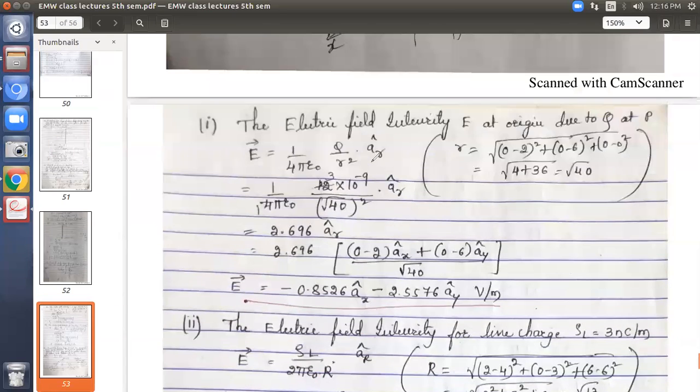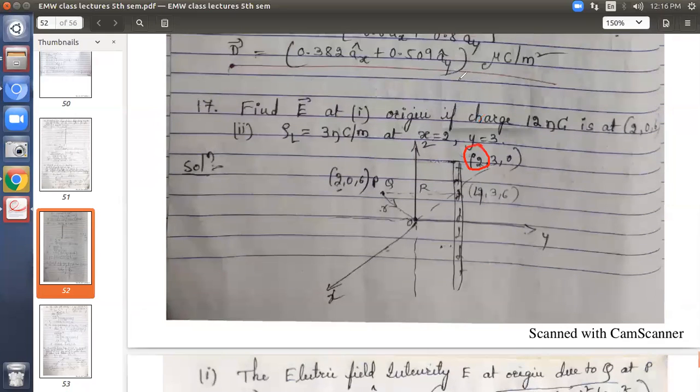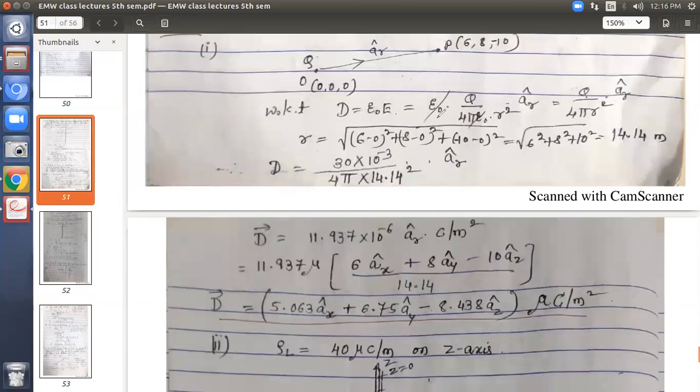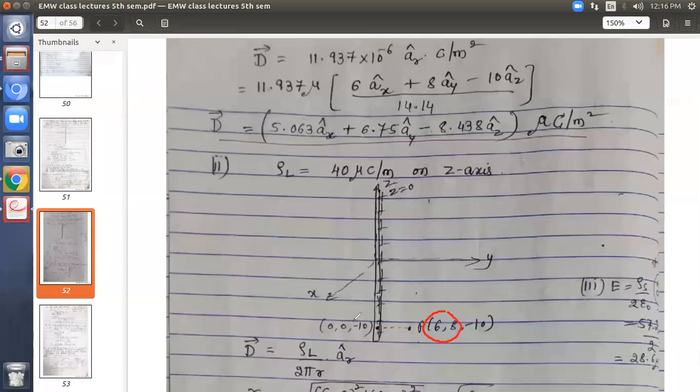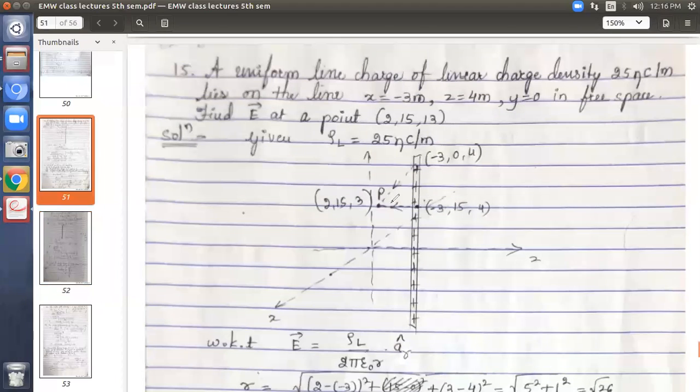In this problem, specifically you should remember how we got this point as 4. Okay, that is very important. Earlier what we did, the x and z coordinates were kept as they were. You just compare this problem with this. Here check, this point is the same, x and y are 0, 0, and we changed the z direction. Here we have not added anything to 6 and 8 because they are 0, only z changed. Here also you have not added anything else, only the y coordinate changed. We did not move because the line is on the same. So this -3 and 4 is the same, only your y changed.